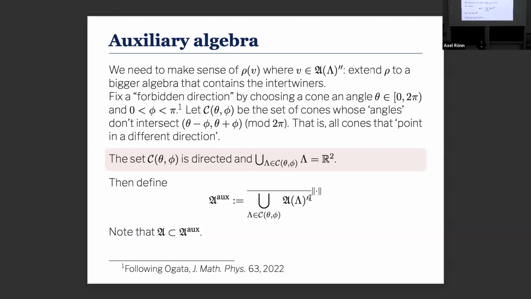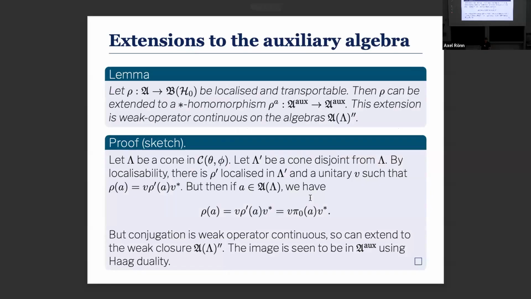It's mainly going to be a technical tool. We have to make a choice here of one direction. Choose a different direction, you will get the same thing. It's not so difficult to see. You get this property by intersection.